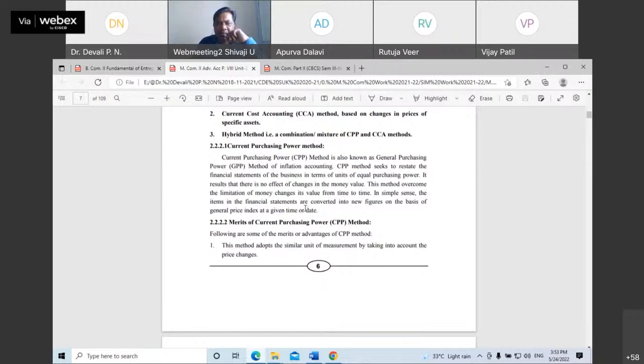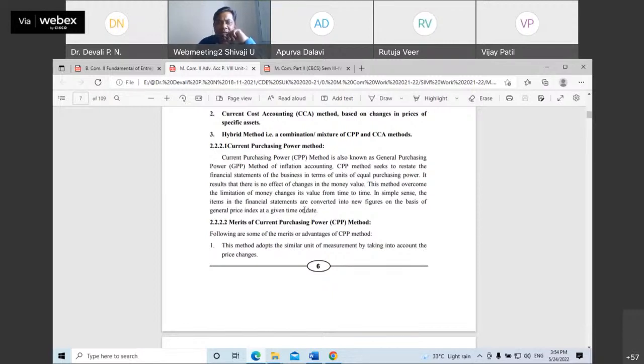It means that whenever you consider the CPP method, it has no effect from changes in money value. Whatever limitations are related to it, it overcomes the limitation of money value changing from time to time, and then we get such an inflation rate.